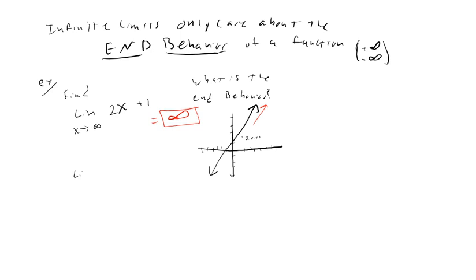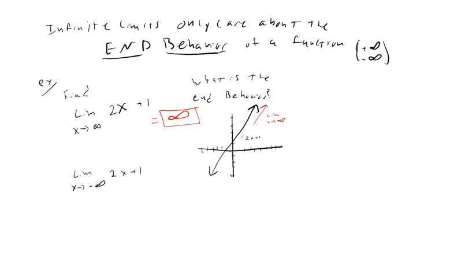What about the limit as x approaches negative infinity of 2x plus 1? Where's that going? So this was the limit as x approaches infinity. What's the graph going to be as it approaches negative infinity? Limit as this function, 2x plus 1, approaches negative infinity.